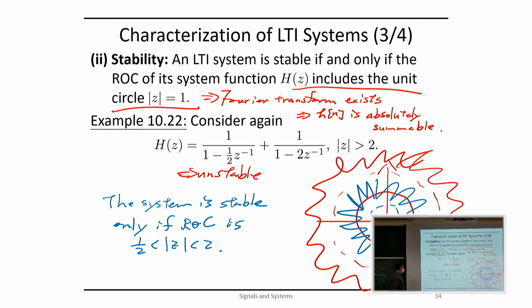When it is this ring, this means that one part is a right-sided signal, but the other is a left-sided signal. So in this case, the impulse response should correspond to (1/2)^n u[n] minus 2^n u[-n-1]. When it is right-sided, this follows from example 10.1. If it is left-sided, it follows from example 10.2.